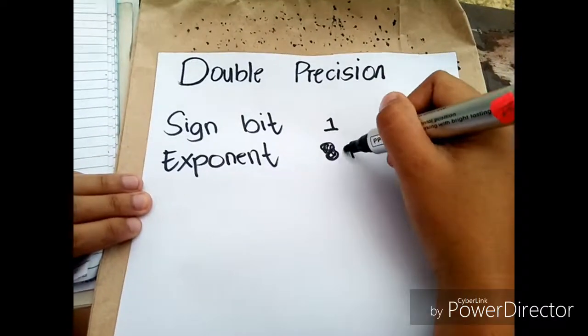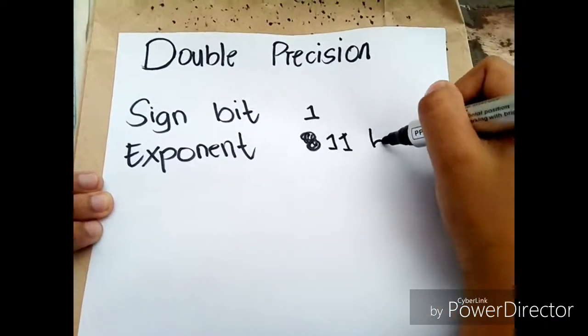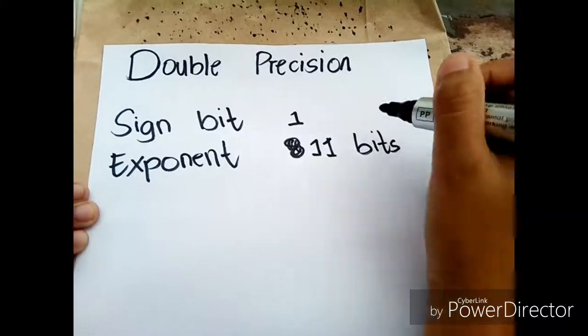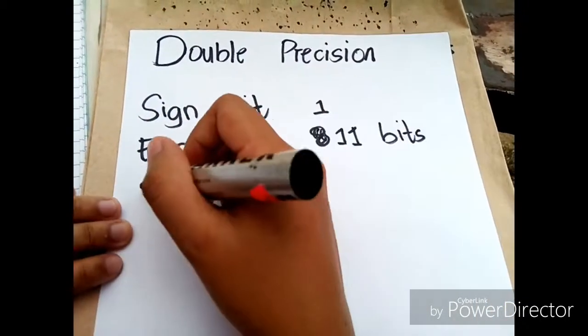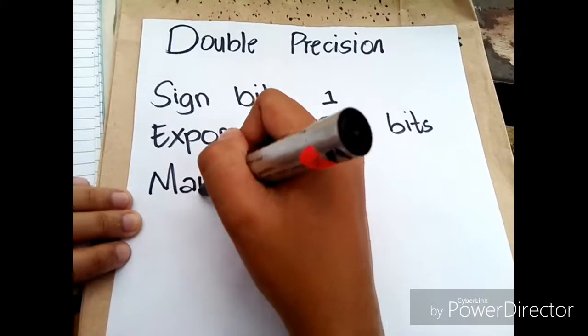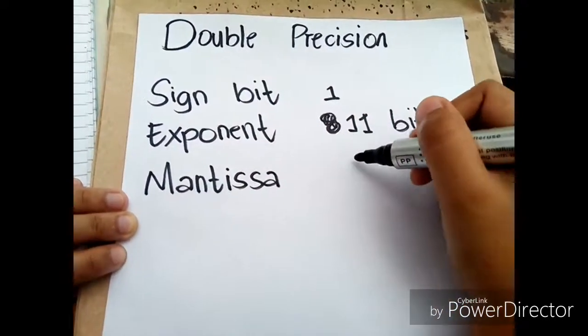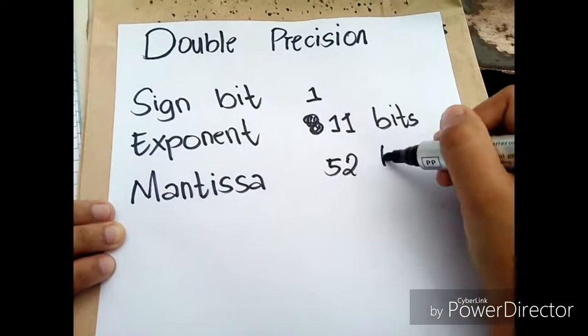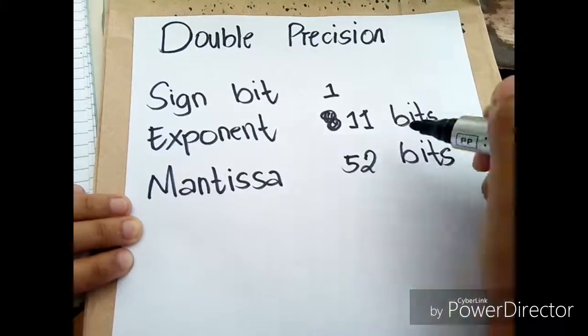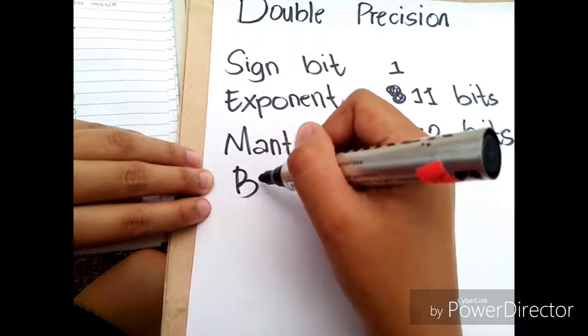If the single precision is 8 bits, then the exponent would be 11 bits for double precision. Then the mantissa would be 52 bits, and the bias in double precision would be 1023.